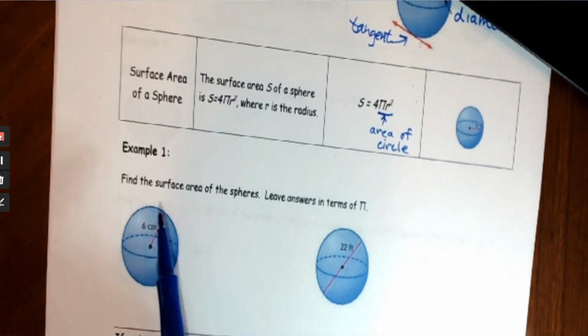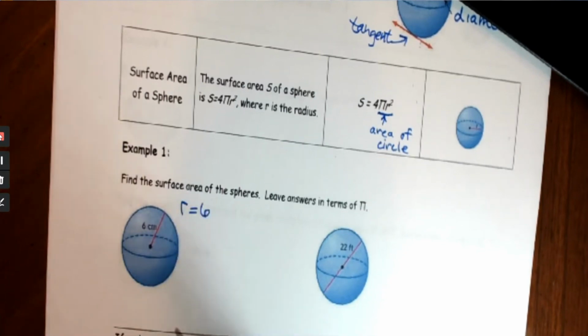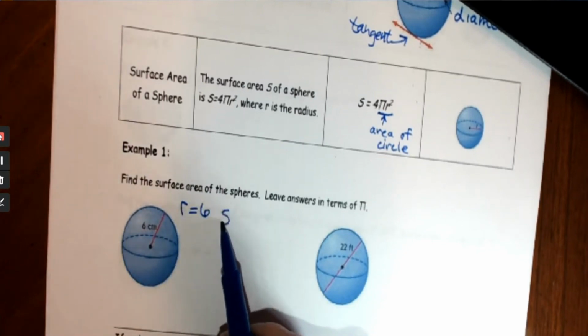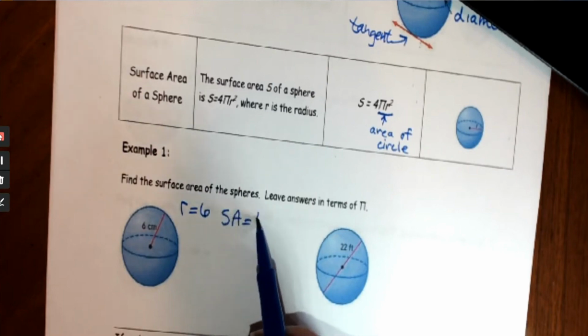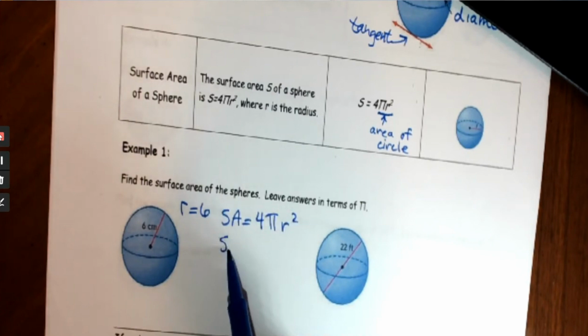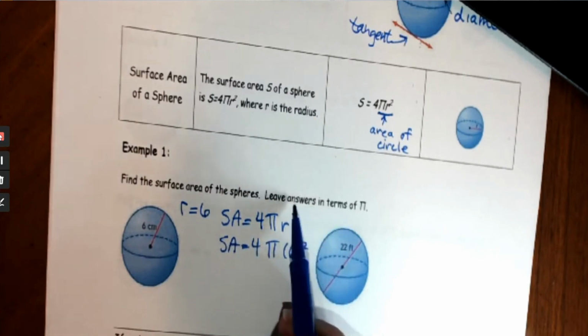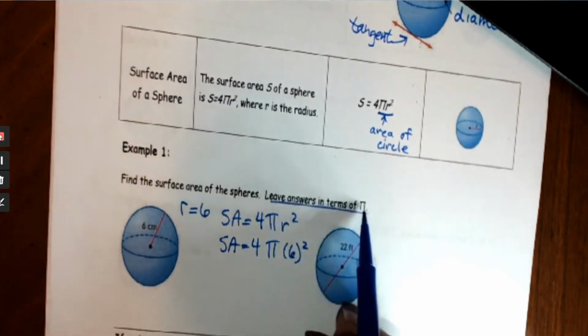We see in this example, we are given a radius of 6. We're going to plug into our surface area formula, 4 pi r squared. So for our surface area, we plug in our 6: 4 pi times 6 squared. Now notice it asks us to leave our answer in terms of pi.